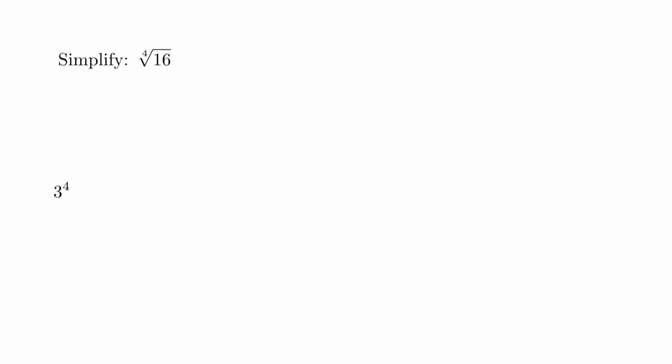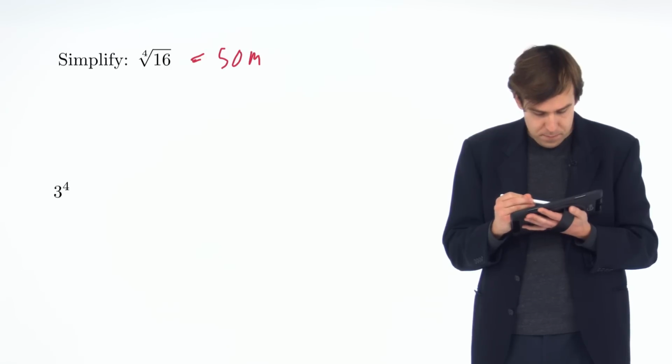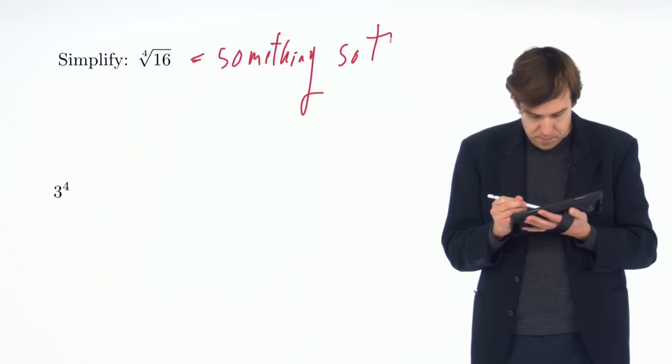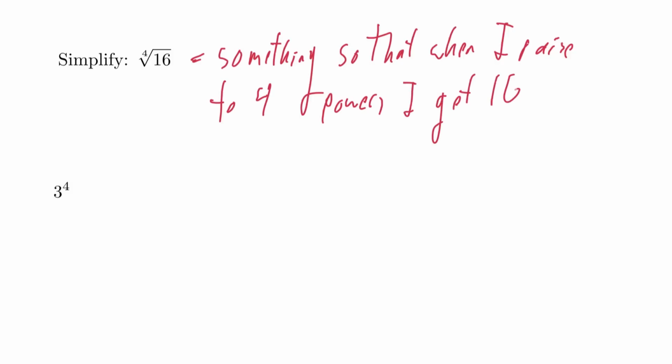Let's try to compute the 4th root of 16. So what is this asking for? This is asking for something so that when I raise it to the 4th power, I get 16.